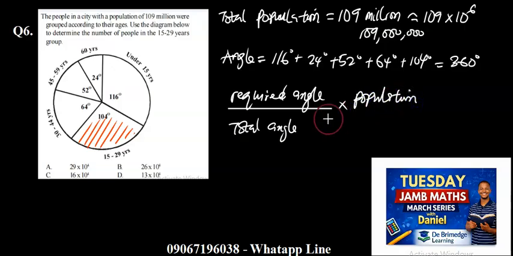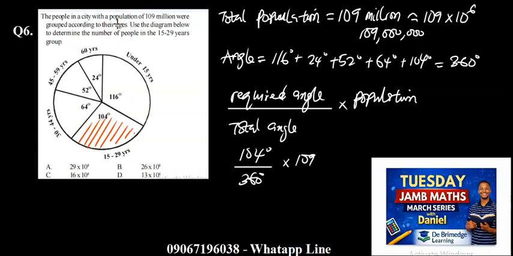The required angle for the 15 to 29 group is 104. So 104 degrees divided by the total angle, which is 360, times 109 million, which is 109 times 10 raised to power 6.